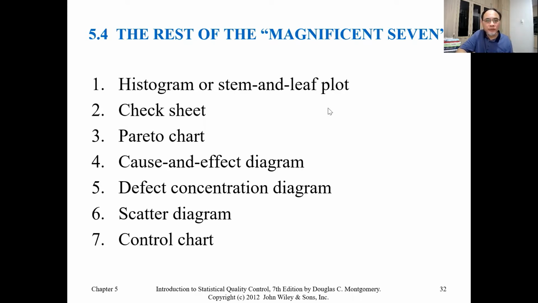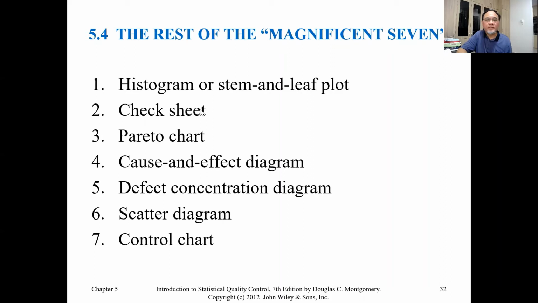So in this video, I would like to continue where I stopped in the previous video, where I already talked about the basics for control charts. Today, I'm just going to finish off the rest of the topic in this chapter by Montgomery.